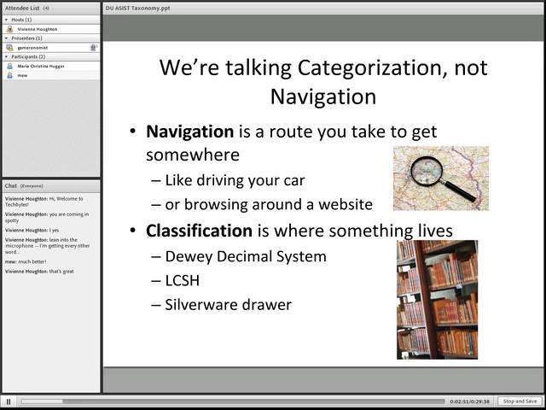That's the structure so you can classify things. That's really the goal. We're not talking about browsing around a website and going to a specific thing on a website. That's not really what we're talking about.